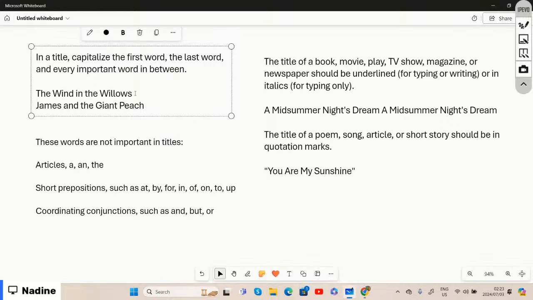Look at the first word of the title. It is the, right? And the is an article. But because the is the first word of a title, it is going to be capitalized. Then we have Wind in the Willows, which means that the title tells us it's something to do with the wind, something to do with the willows.